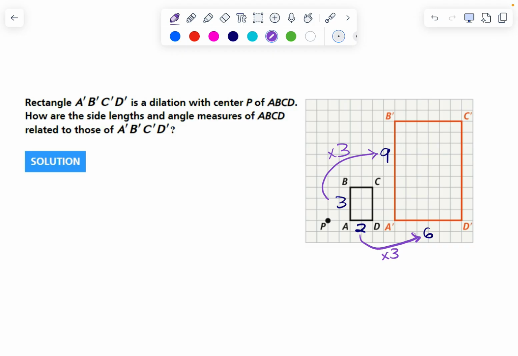So our dilation is by 3 times. Now, be careful how you think of that, but we'll just say it that way for now. The way we read these little tick marks is we say prime. So A prime, B prime, C prime, D prime instead of just A, B, C, D. Okay?